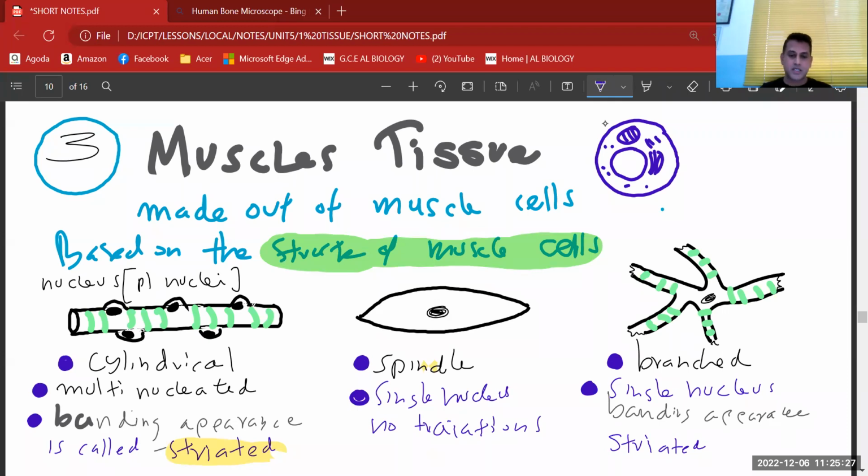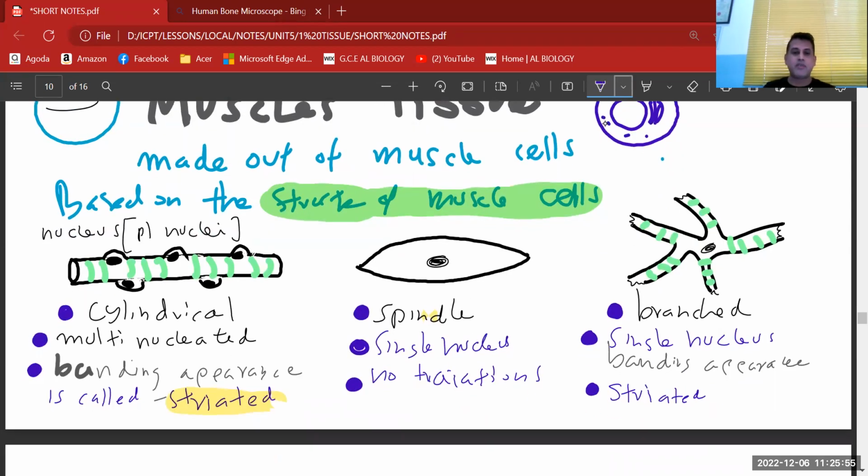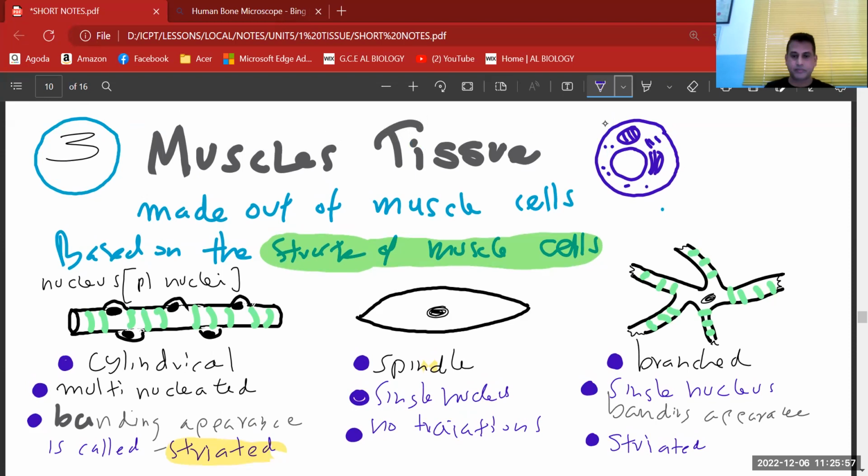This has striations, this has no striations, this has striations. Now these are the three different types of muscle cells we can find. As a result, we can name where we can find them.